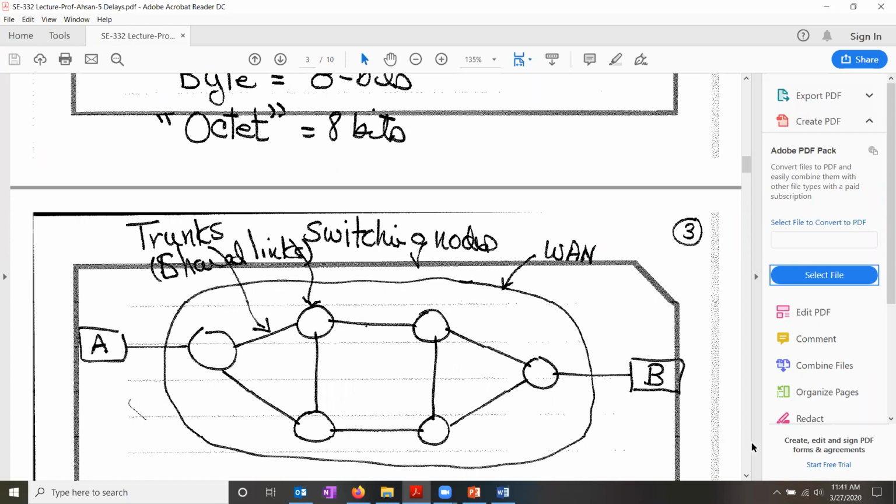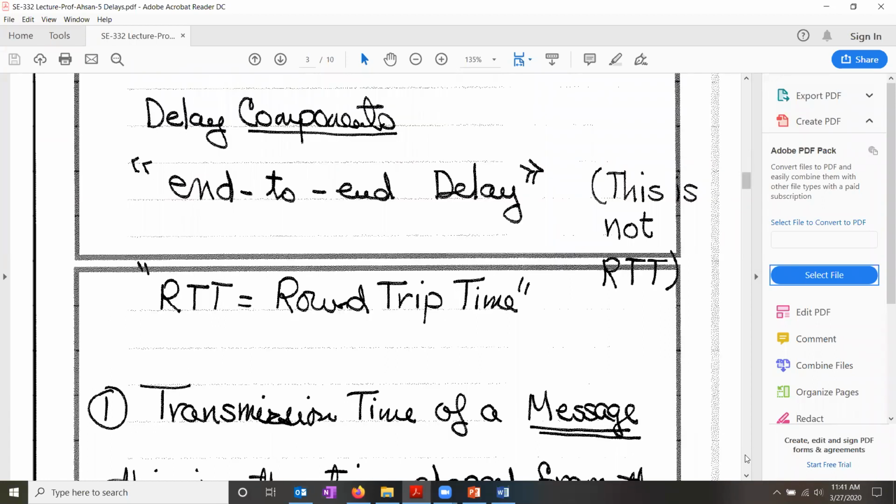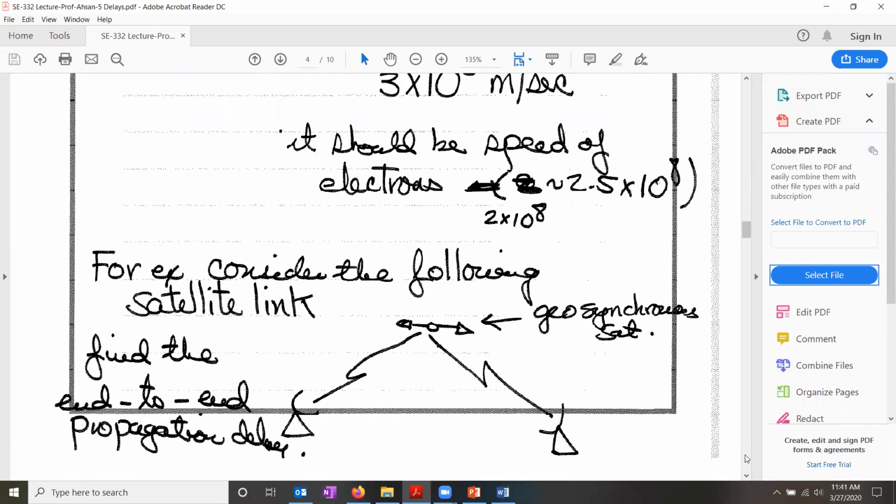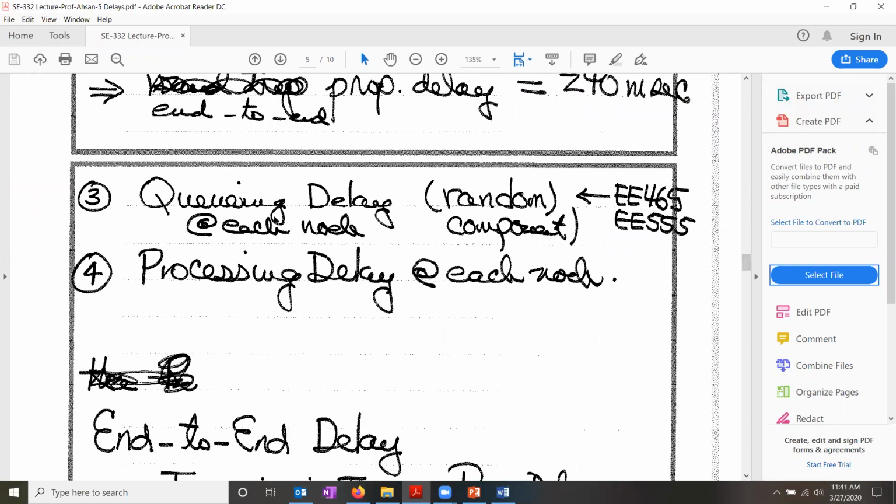But normally in examples or in practical, we take all these keying delays and processing delays per node as constant. So don't worry, we'll be taking keying delay and processing delay for every node as constant until and unless you are given which router has how much keying delay and what is its processing delay.